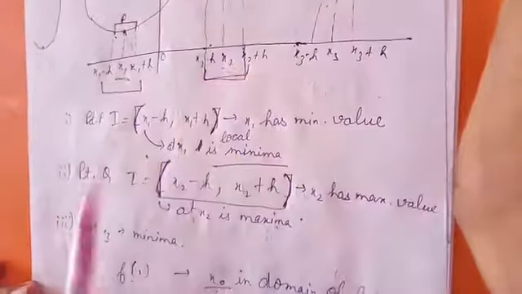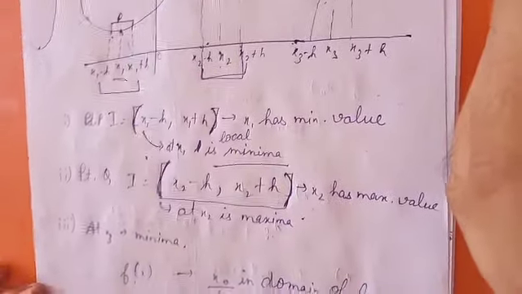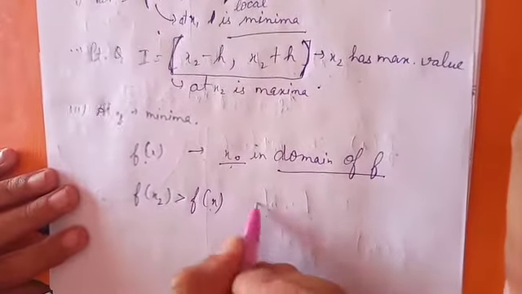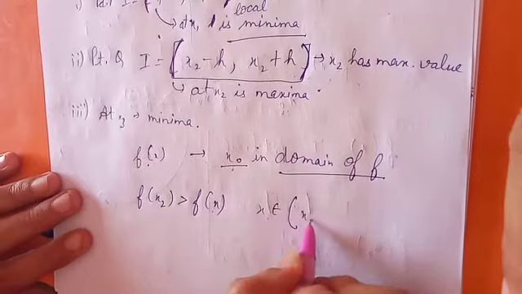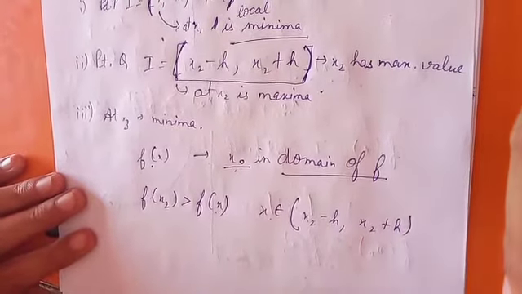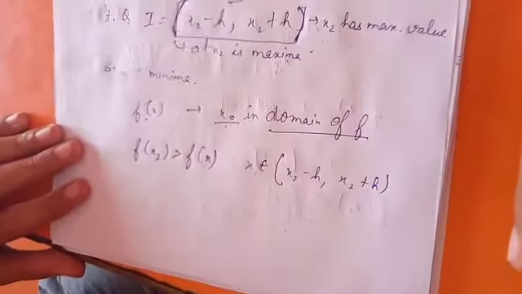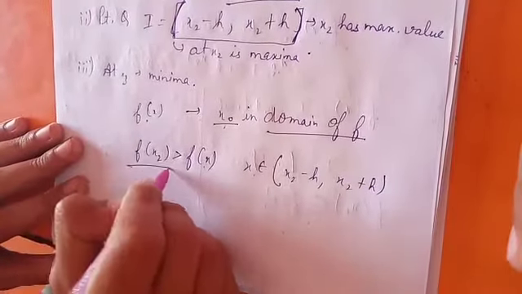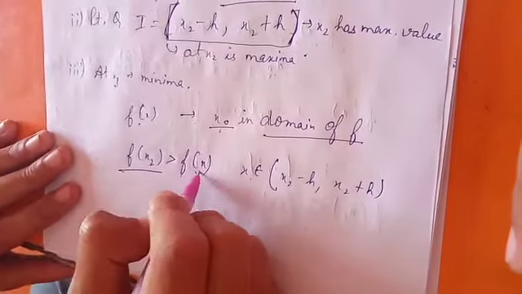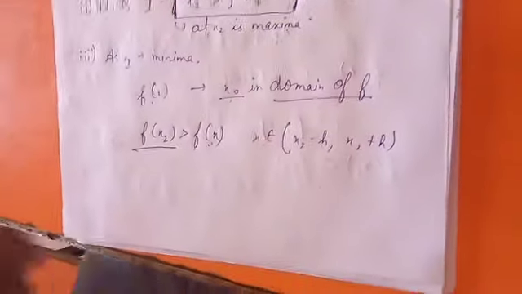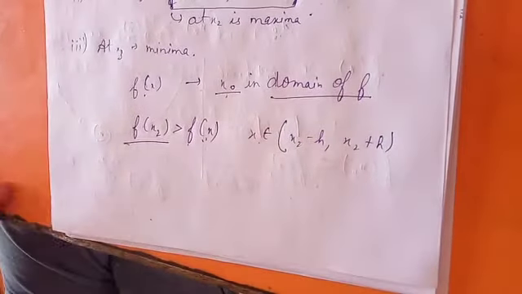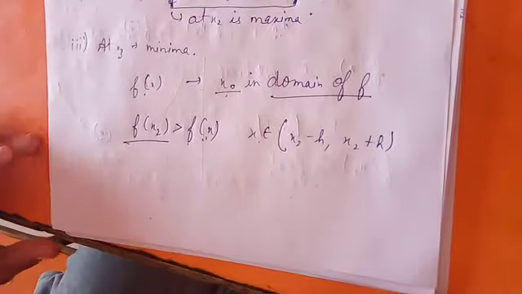What is here? This is f of x2. f of x2 is greater than f of x, where x belongs to x2 minus h and x2 plus h. x lies in this range, but the value of f of x2 will surely be greater than f of x. Understood? Then we can say that the point Q is a local maximum in the graph.